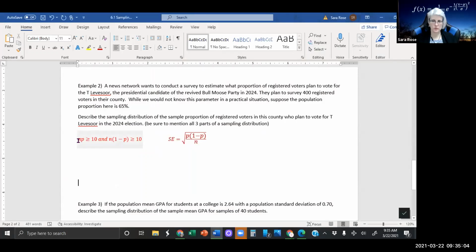So you either have to change your proportion or change your sample size. Okay, so for this, let's describe the sampling distribution. Our proportion is P. So P equals 0.65, close to 50, that looks good.